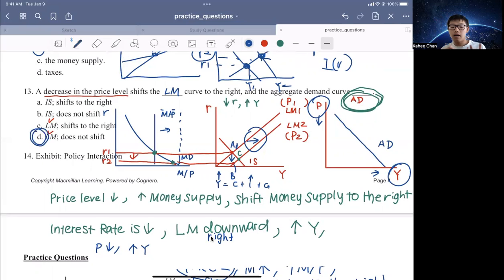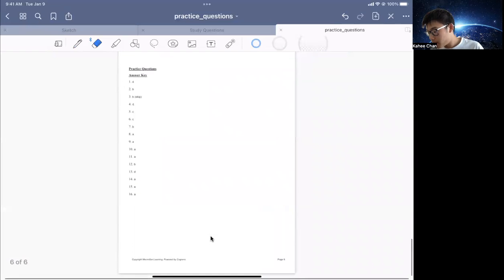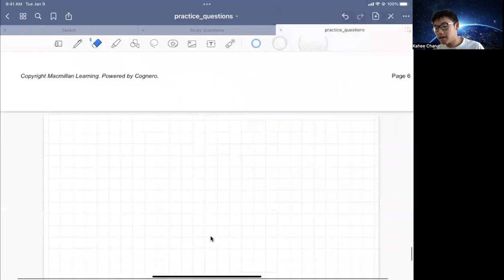I also want to mention one thing, so you guys can better see the comparison between the change of price level and the change of M in this case, okay? I'm going to use a new paper so that I can better explain this so you guys can understand it.